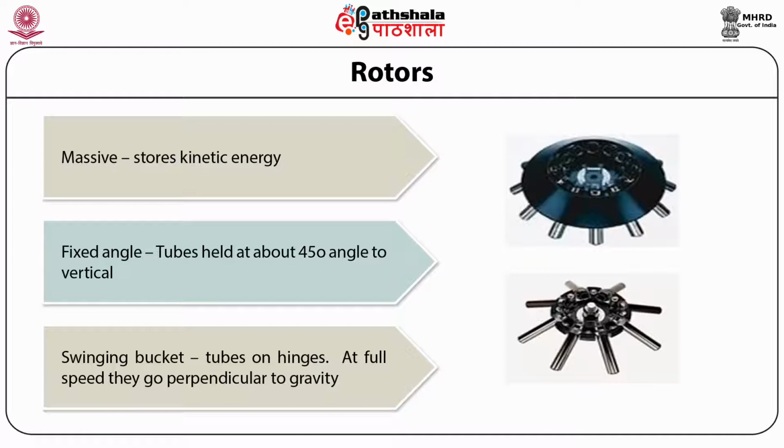Fixed angle rotors have the openings for the sample tubes lying at a fixed angle from the axis. Other rotors have openings perpendicular, near to vertical, for the sample tubes. A swinging bucket rotor comprises a ring of individual tube holders on hinges that help the tubes swing outward as the spinning begins. This results in the horizontal alignment of the tube with the direction of force.